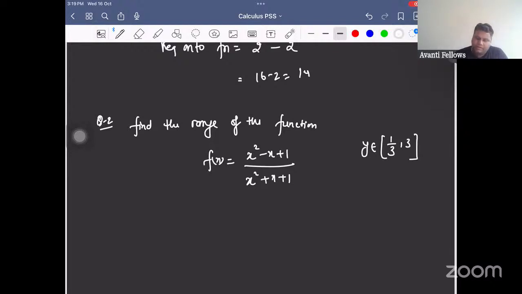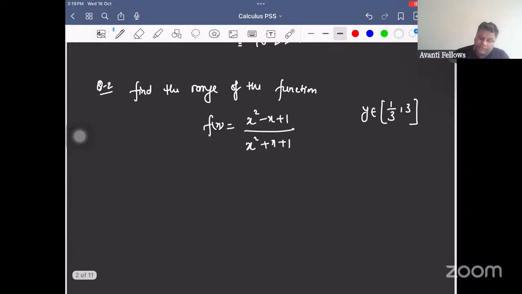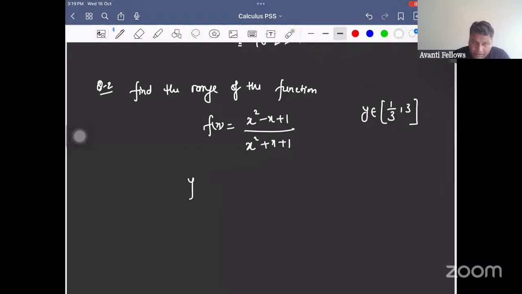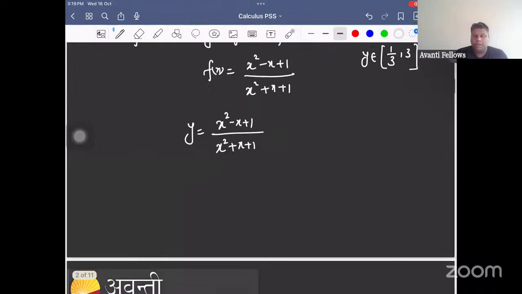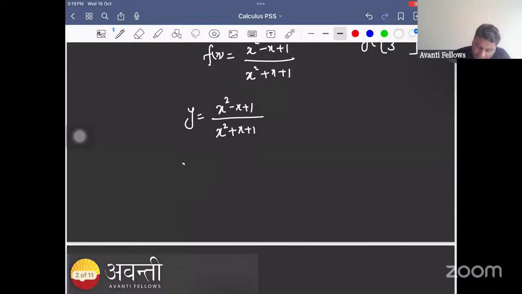To find the range of such kinds of functions, let y equal x square minus x plus 1 upon x square plus x plus 1. Let's not differentiate, just cross multiply. y x square plus yx plus y is x square minus x plus 1.